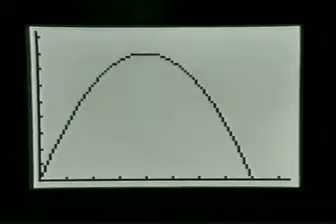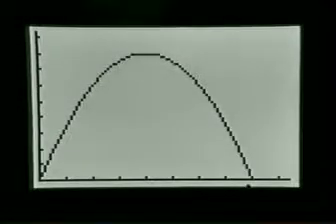The y-intercept, of course, is at 0. When x is 0, that is the instant the object is thrown from the ground, so we have a height of 0. You'll notice the y-intercept over here is at (0, 0). And since there has to be a mirror point, there's another point over here at (8, 0).